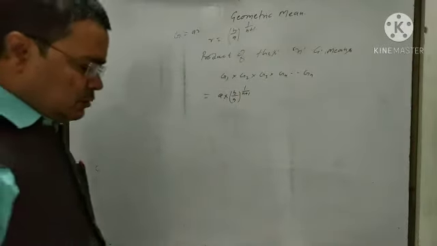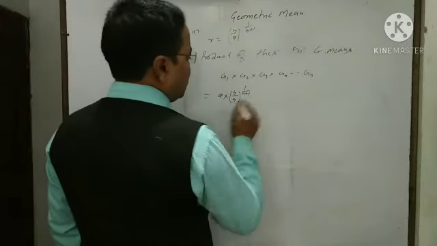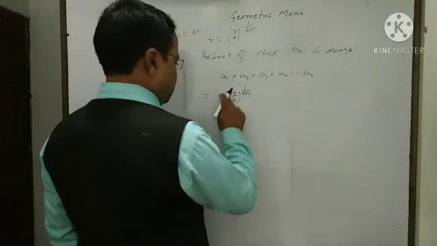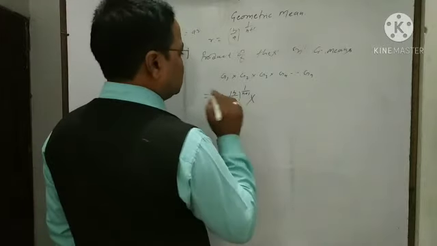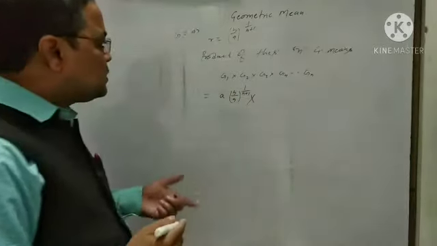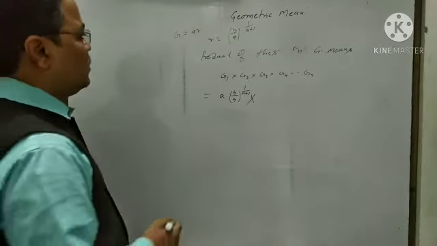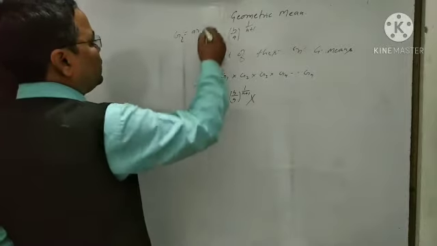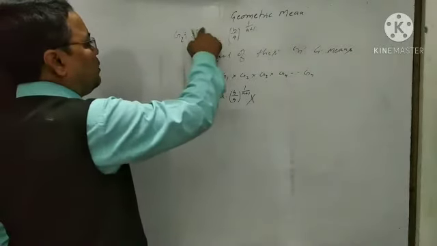Getting? Similarly, in the place of G2, what can we write? Here this is A, so it will be written like this. G2 is actually the third term. Or simply, we can write AR square, AR raised to the power 2.